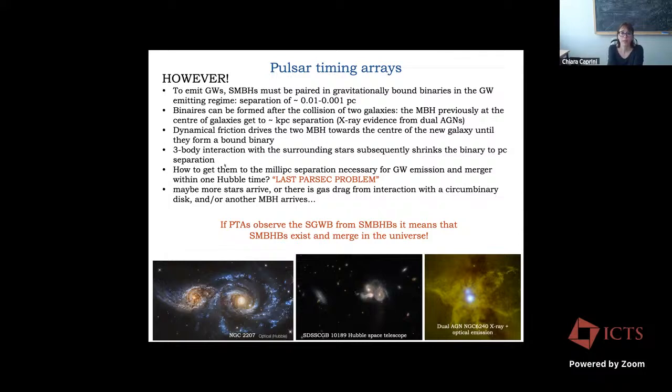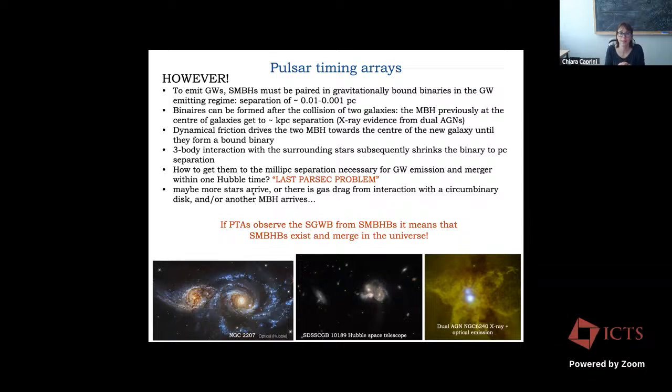Then there is what is called the last parsec problem: we know how to get the binary to parsec, but how do we get it to milliparsec? There are possible explanations: the bound system again collides with the stars around, or it has a disk, and there is a drag from the gas in this disk.